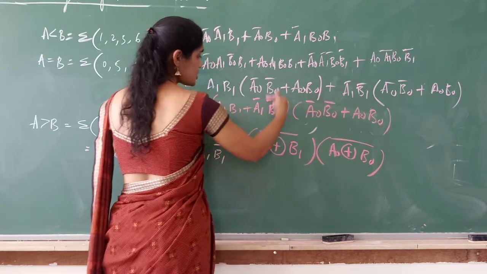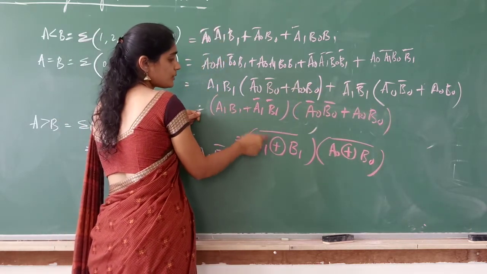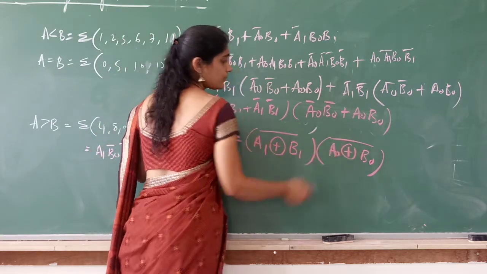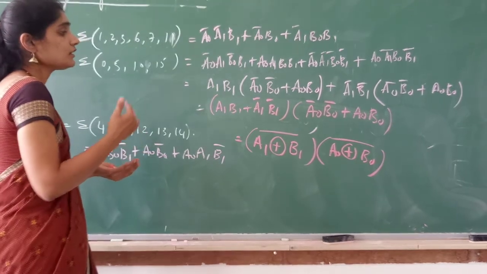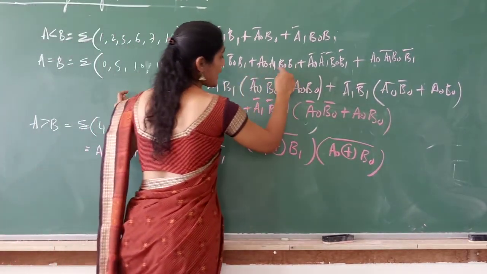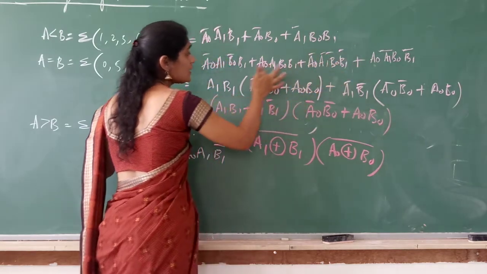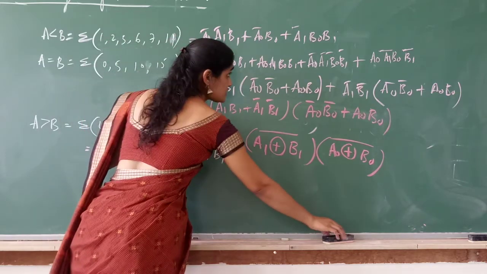Same equation I have written like this. Maybe now it is clear. This is A1 XNOR B1 and this is A0 XNOR B0. Now if you write this circuit, it will be simpler. Mainly for this you would have used 4 AND gates and then 1 OR gate. Now it is very simple. You can use only 2 XNOR gates. Now let us write the circuit.